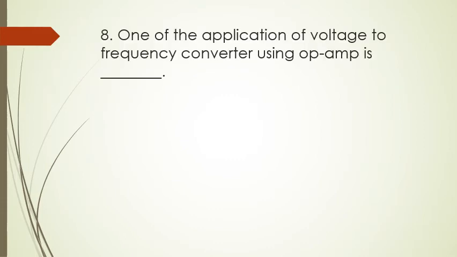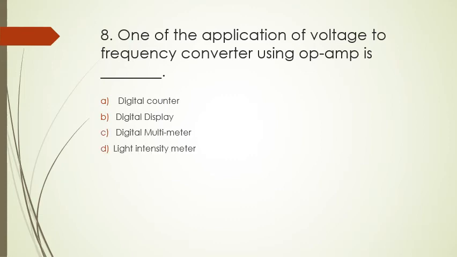Then the next one is, one of the applications of voltage to frequency converter using op amp is. Some of the applications are given like digital counter, digital display, digital multimeter, light intensity meter, and after going through all these options, you will understand that option C is the correct answer here. That is digital multimeter.